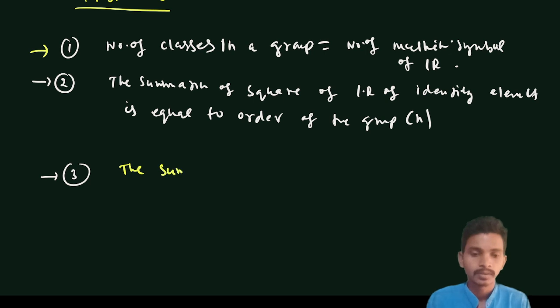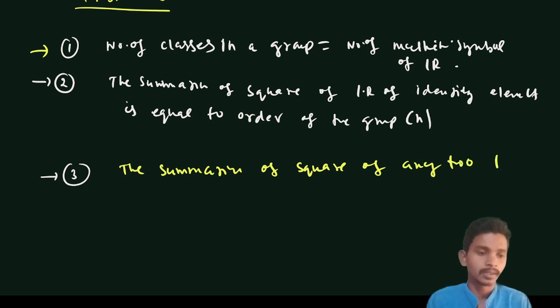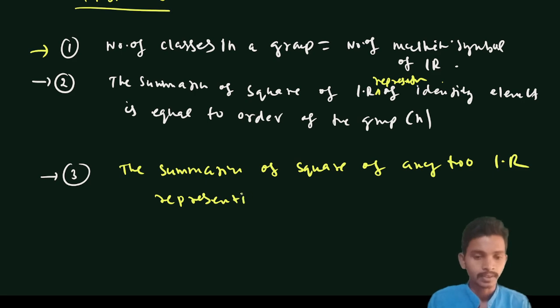The third postulate says that the summation of the square of any two irreducible representations is equal to the order of the group.